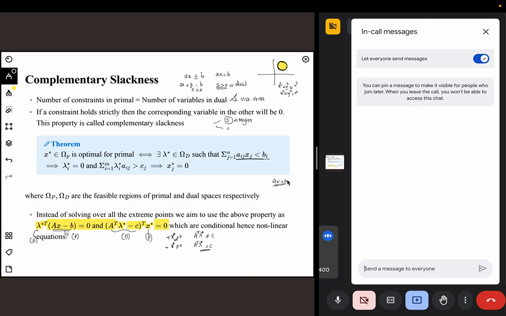So there is some particular slack left in this constraint. If a slack exists here, then the corresponding variable in the dual will be 0. Or if a slack exists in the dual space, then the corresponding variable in the primal will be 0. Those are put in some other form here, but both are equivalent. This and this are equivalent. Okay, are there any questions on this?